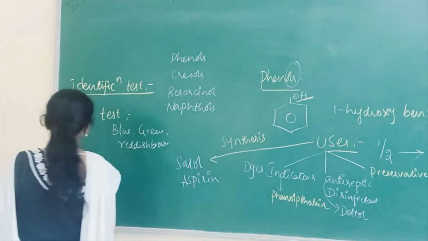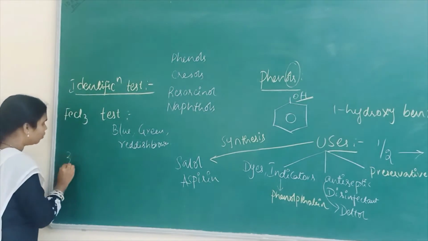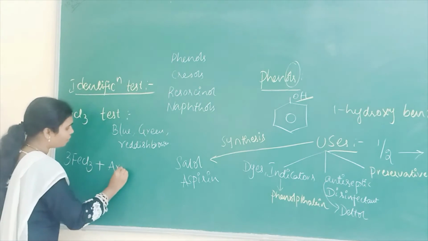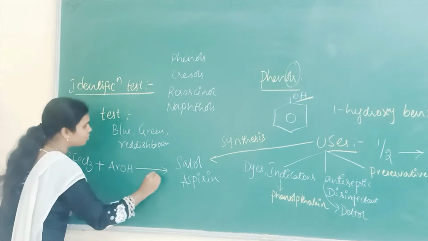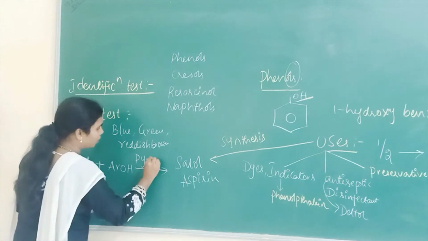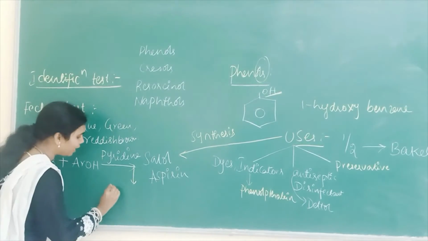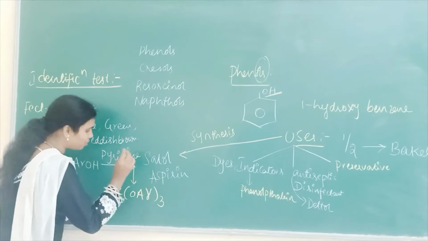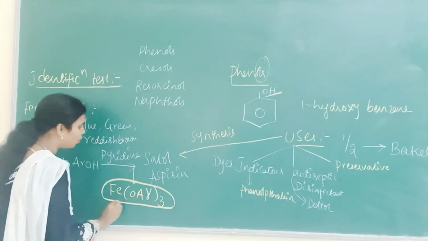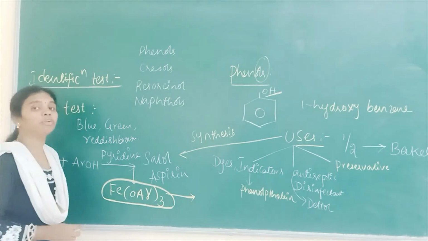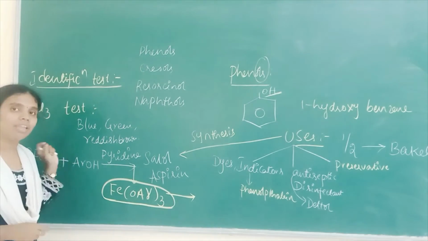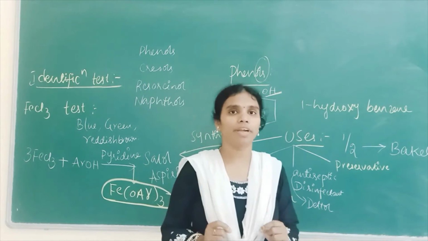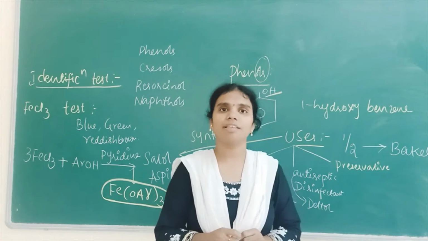Just see this reaction. Ferric chloride reacts with phenols in the presence of pyridine and gives a colored iron complex, which is responsible for producing various colors. This color reaction is mainly essential to identify any phenolic moieties present in the given sample.